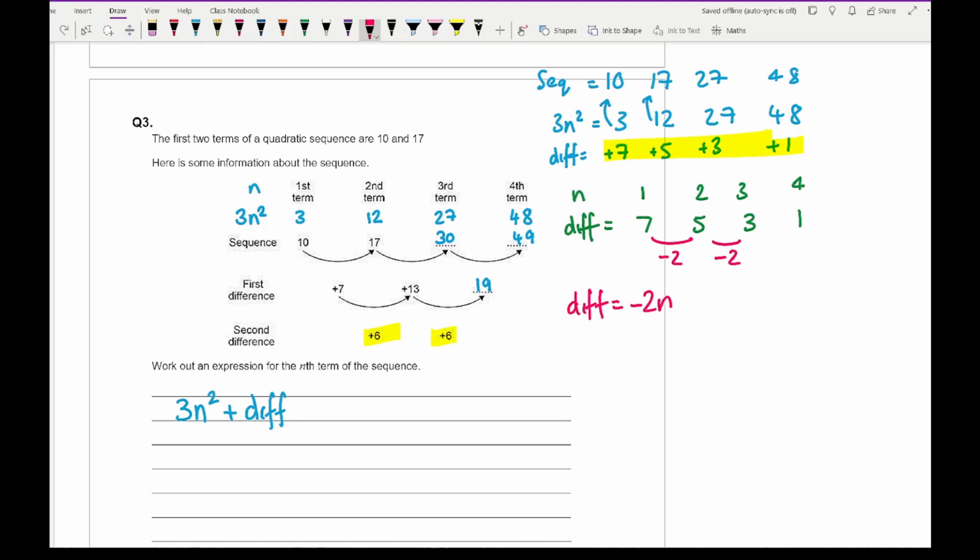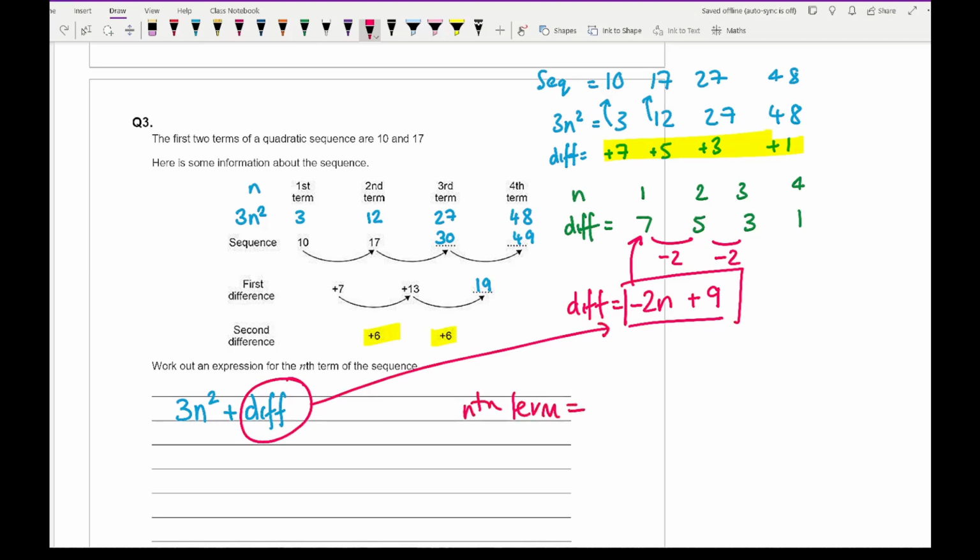And then how do I get from minus 2n, minus 2 to 7? Well, I need to add 9. So then from this then, here is my difference. I then need to swap that with this. So then the nth term for this quadratic sequence is going to be 3n squared minus 2n plus 9.